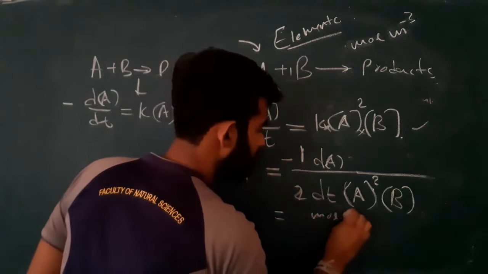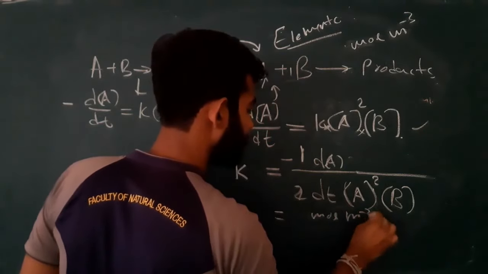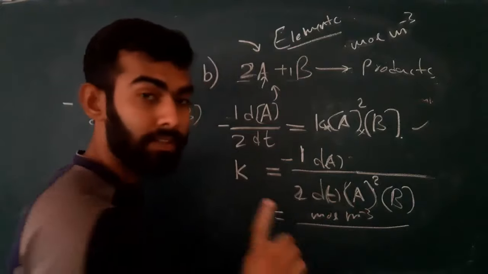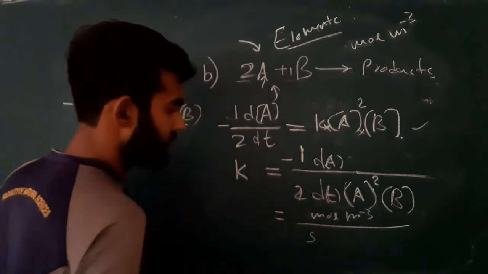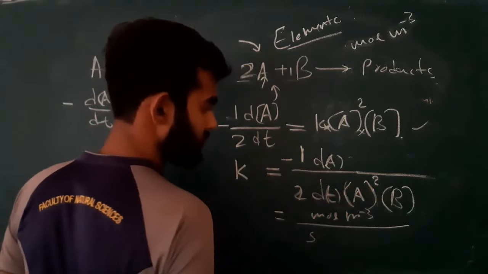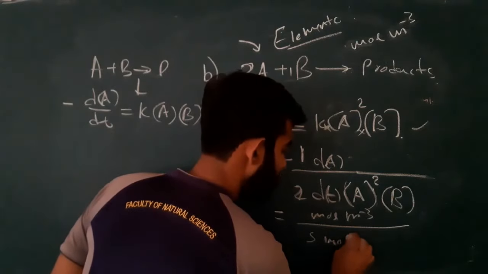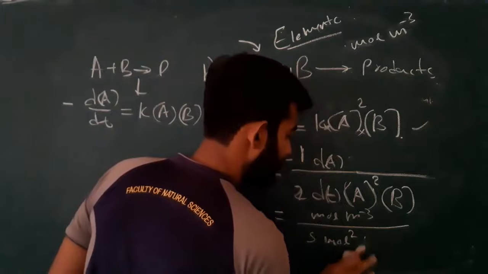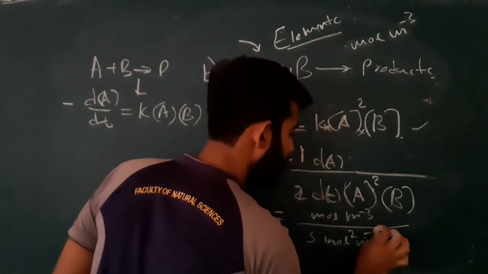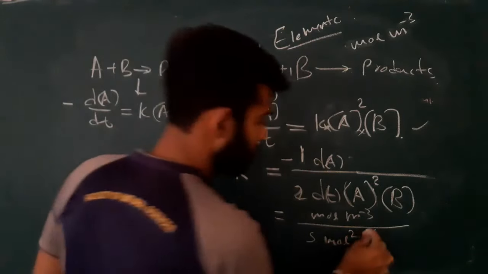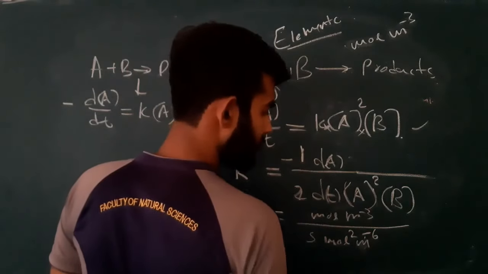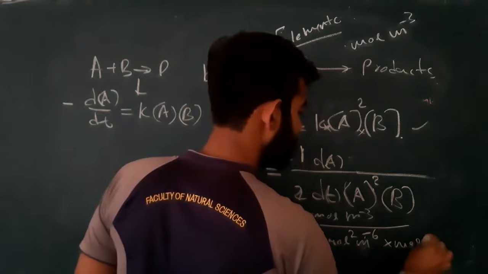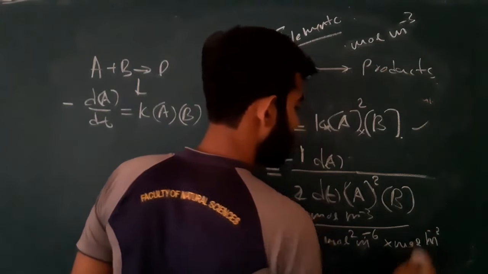So mol per cubic meter divided by, here dt, the SI unit of time is seconds, and here the square of concentration, so mol squared per cubic meter squared, and the concentration of B, mol per cubic meter.